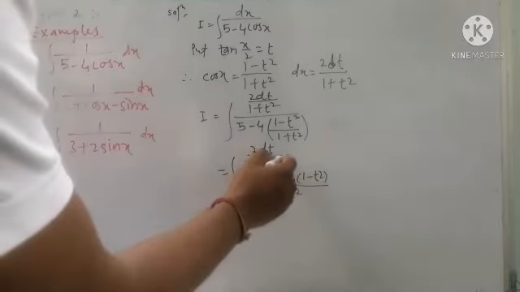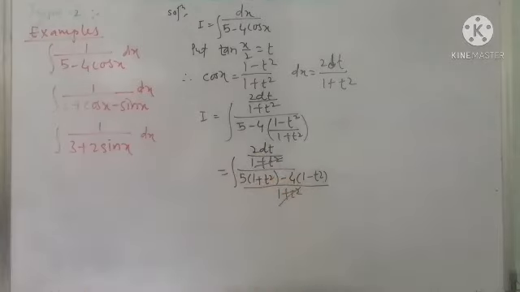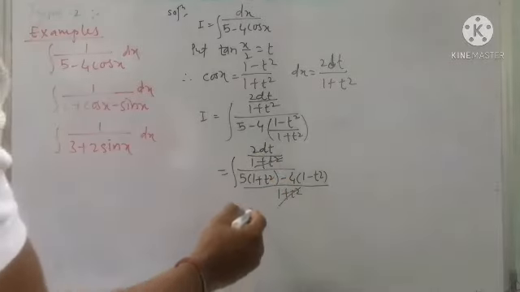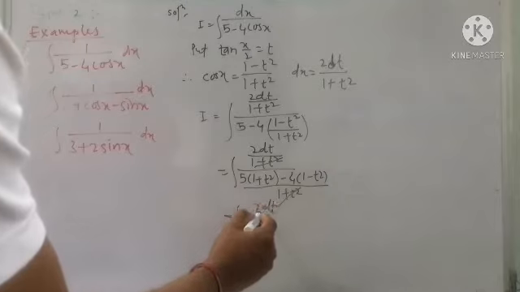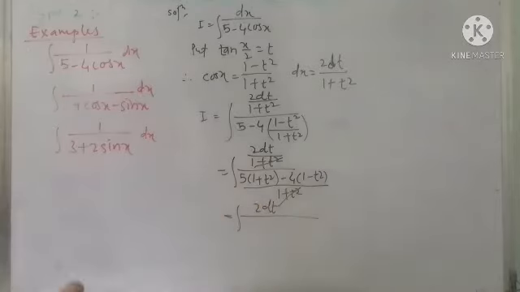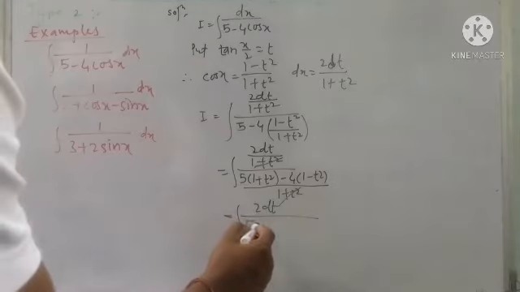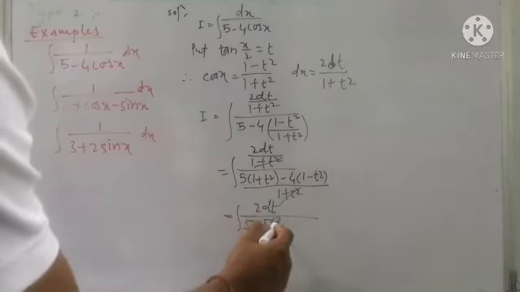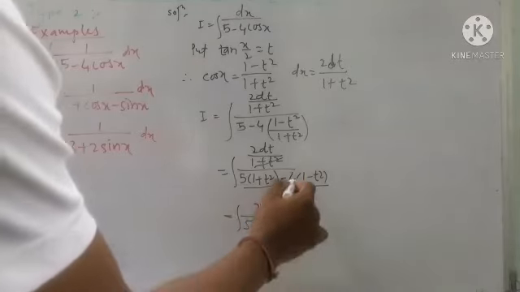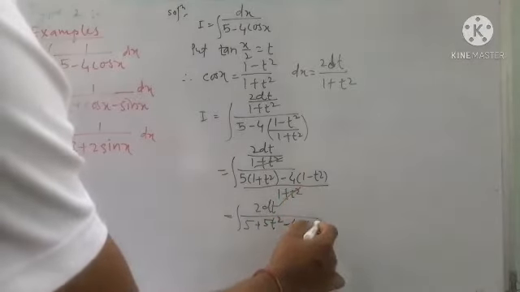Now the numerator and denominator are equal, so they get cancelled. So we get only 2 dt in the numerator divided by, simplifying this bracket multiplication, 5 into 1 is 5, plus 5t², 4 into 1 is 4, and minus minus plus 4t².